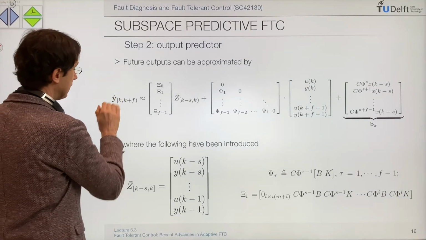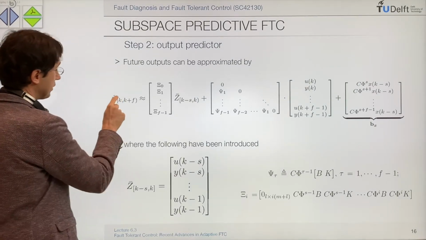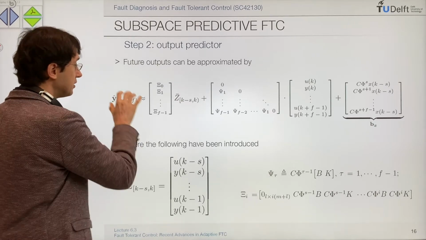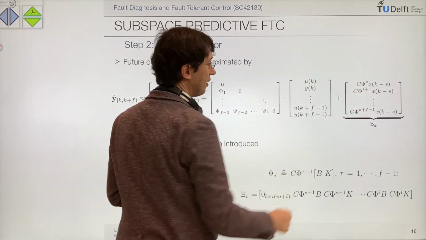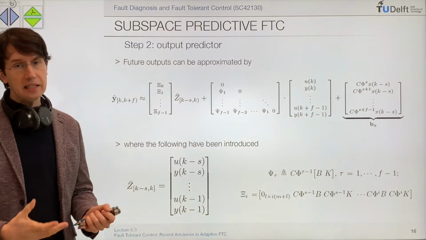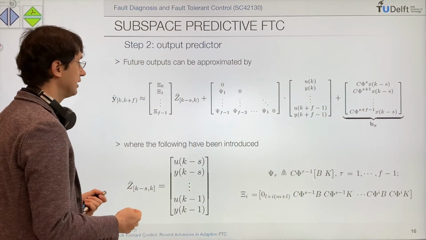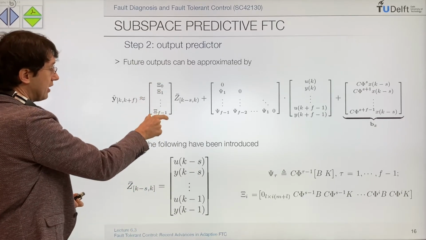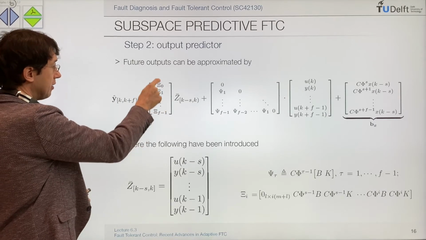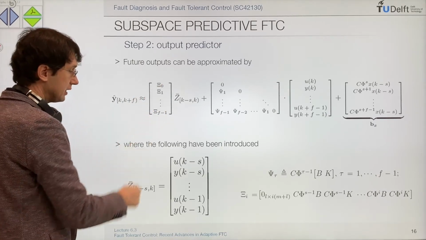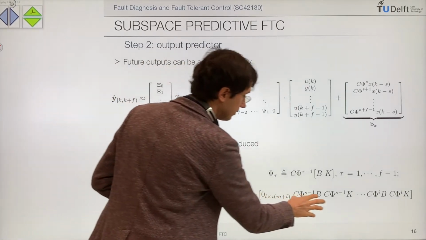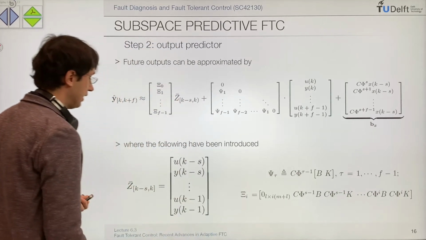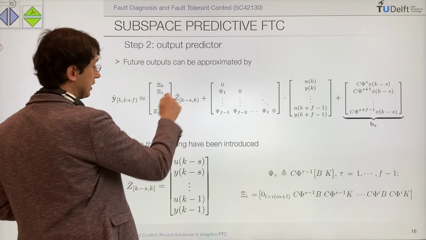The way to predict the output from a time index k to k plus f is to implement this equation, which is, again, a linear equation in terms that we know, because here we have a matrix that is obtained by concatenating terms like this one, which are based on the matrices we just identified, and multiplying it by another data matrix.